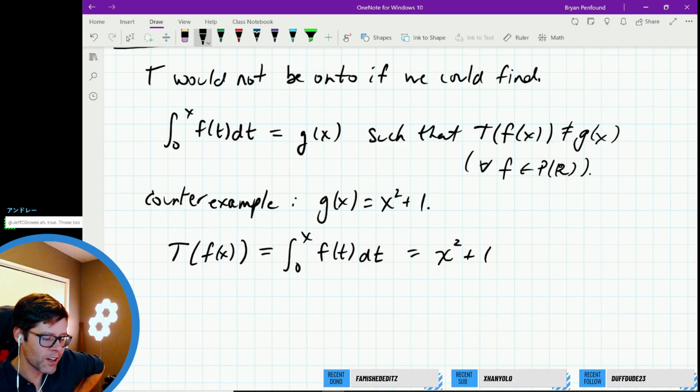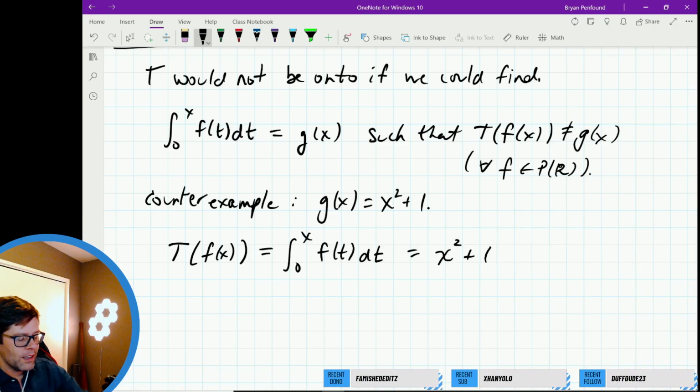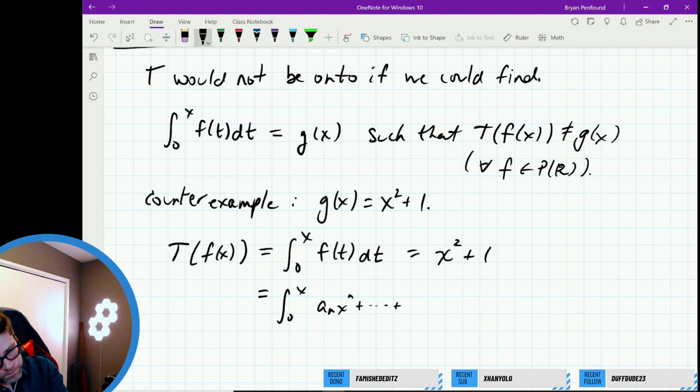Because when we integrate, we're going to lose the ability to justify our constant, right? So the idea here is that f of t is some kind of polynomial, like t to the n. Those should be t's, not x's.